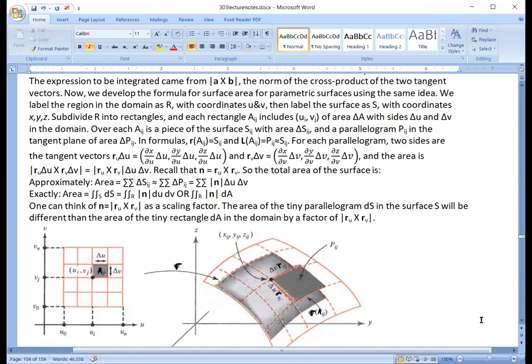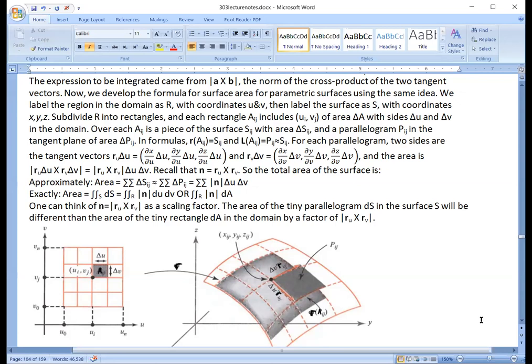But just like before, we're going to make an approximation. We're going to approximate it by saying, what if it was the thing that we could figure out the area for? What if it was the tangent plane? The tangent plane is a plane, so we're going to call it P. That little piece of tangent plane is going to be P sub ij.